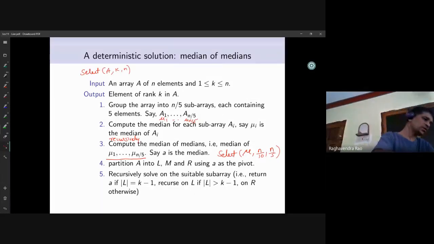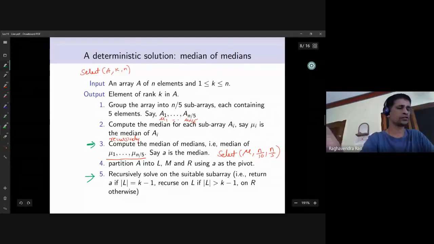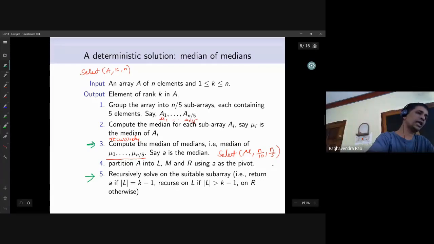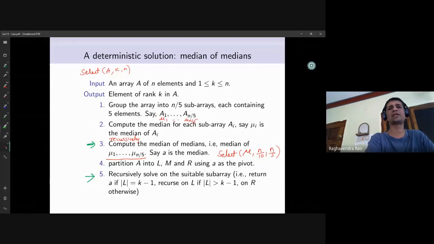So there are 2 recursive calls that we made. There is a recursive call just to compute the pivot, and then the usual quick select kind of recursive call. Before that, what is the work that we have done? The work is to select the median for each subarray, which we said is maybe 20 comparisons at most. Whatever favorite brute force median finding is good enough: you just sort the array and take the middle element.